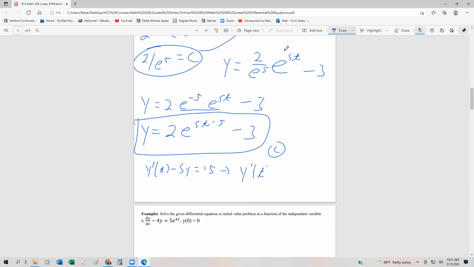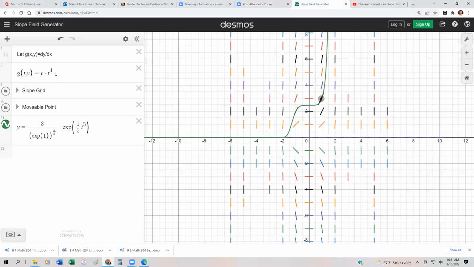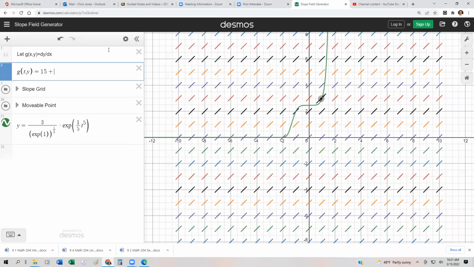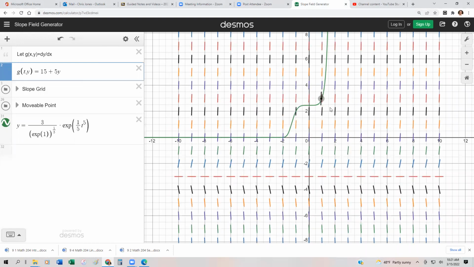So we get y prime at t is going to be 15 plus 5y. And this is what we're going to put in Desmos, okay, along with this as well. All right, so if we flip over to Desmos, and we're just going to type in the slope field, which was 15 plus 5y. Right, so there we go.